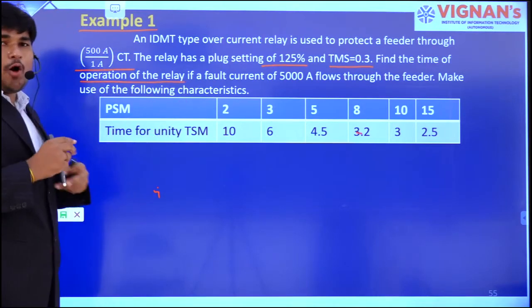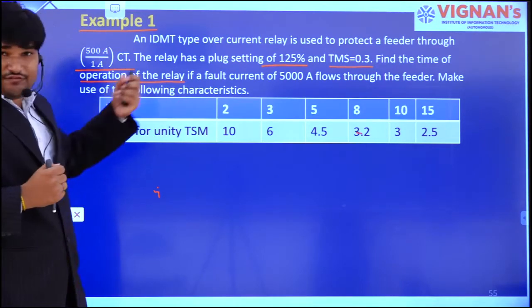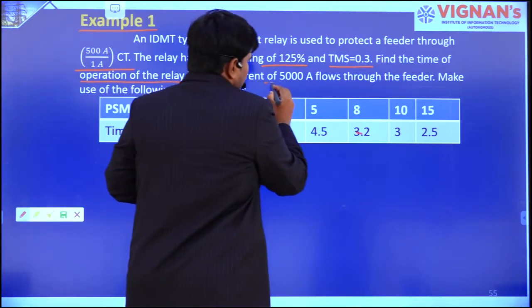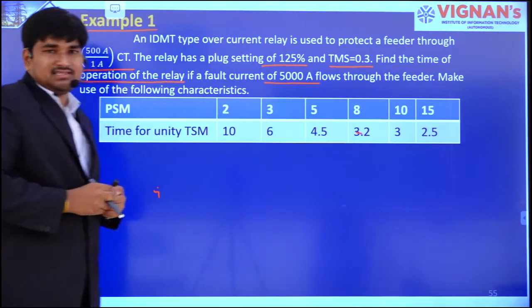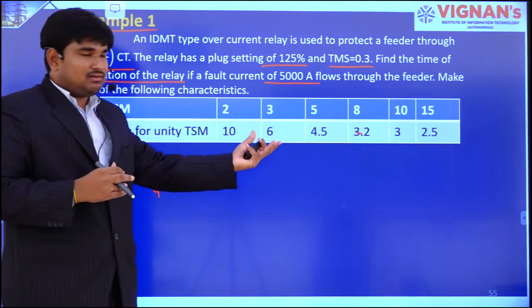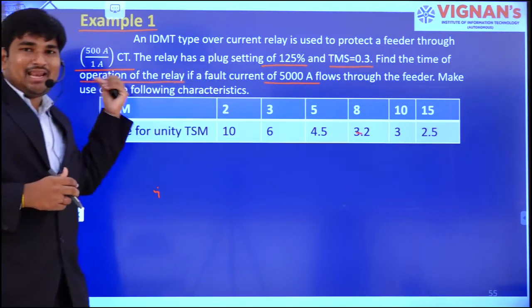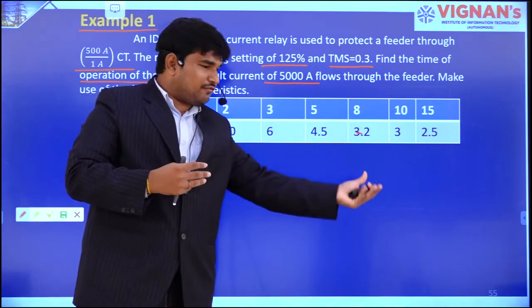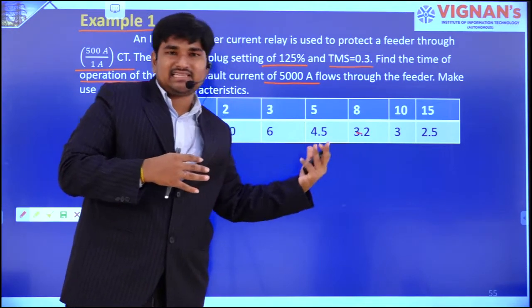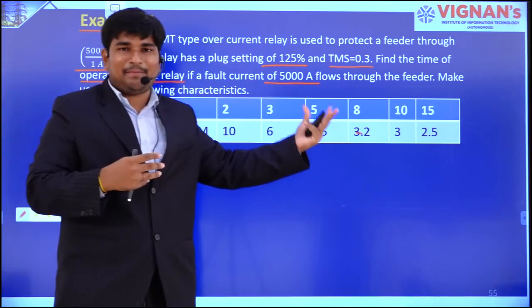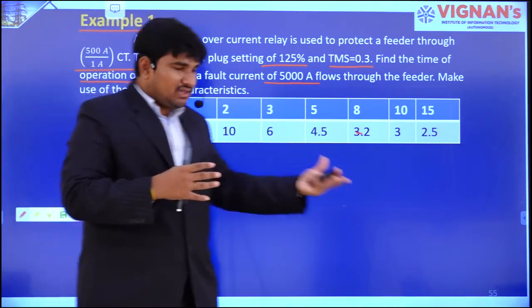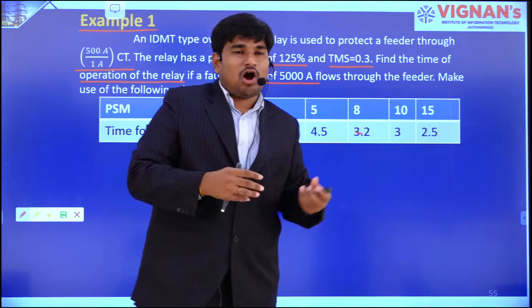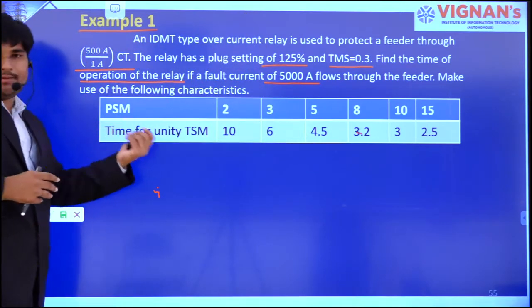Find the operating time of the relay if the fault current is 5000 amperes, flowing through the feeder. To get this relay operating time, we need the characteristic of the IDMT type relay. It may be given in terms of a graph, or in tabular form.